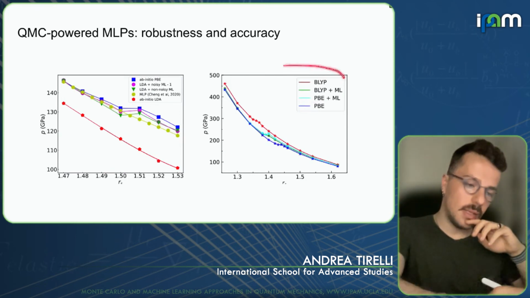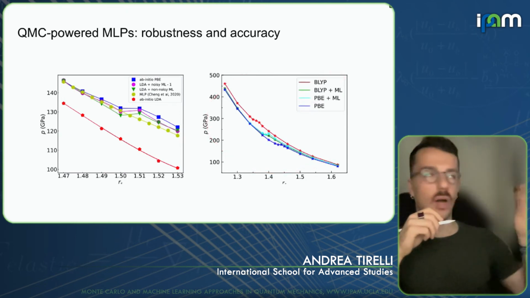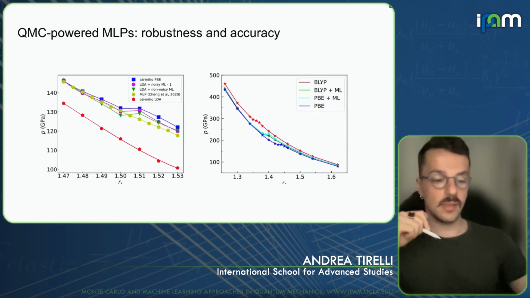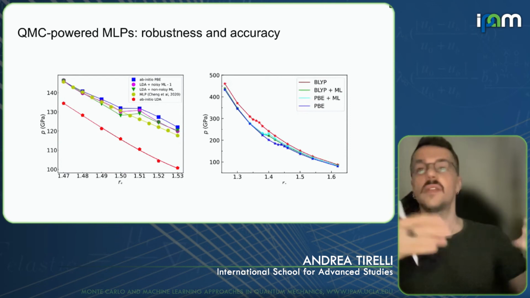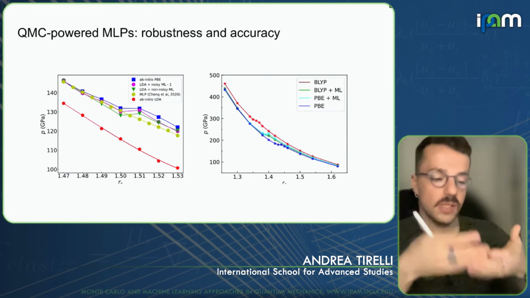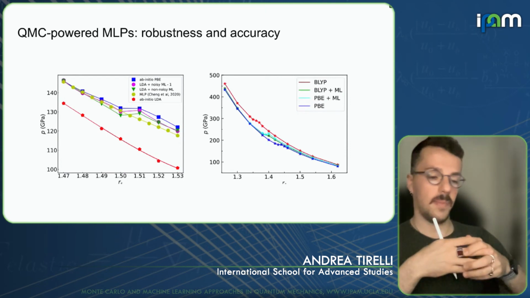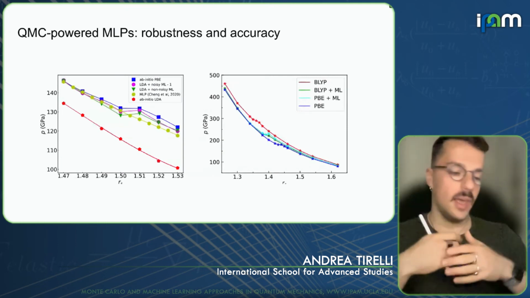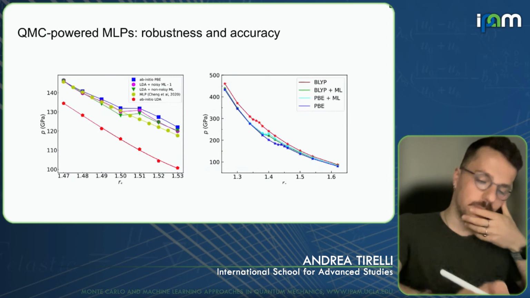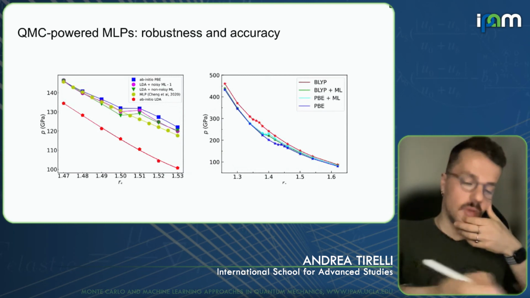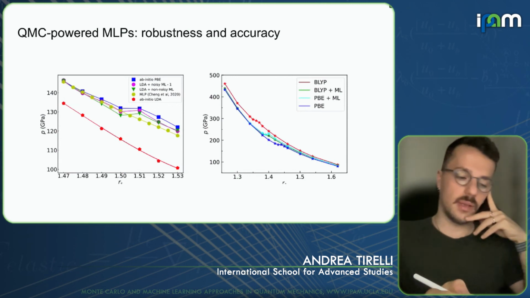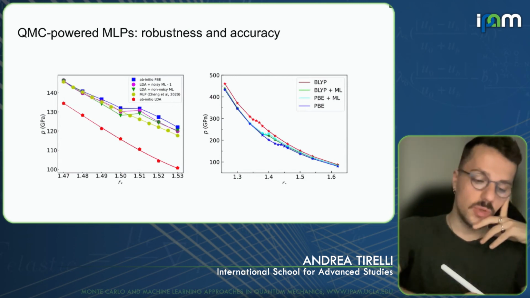So bear in mind that in this case, our target method is always a VMC energy. And the question is, do the transition lines that we see in these different cases change, and if so, how do they change? And you see here that this is the result of molecular dynamics with different potentials. So we performed two ab initio simulations.